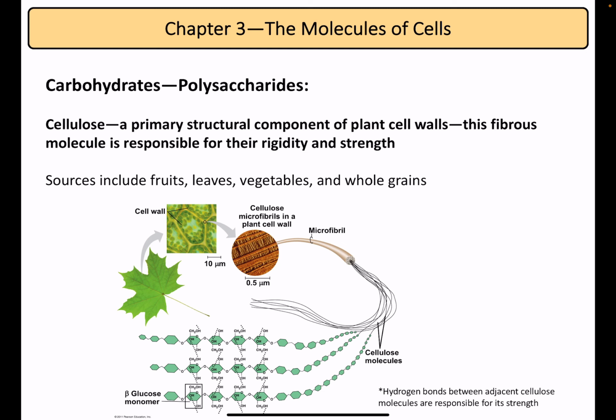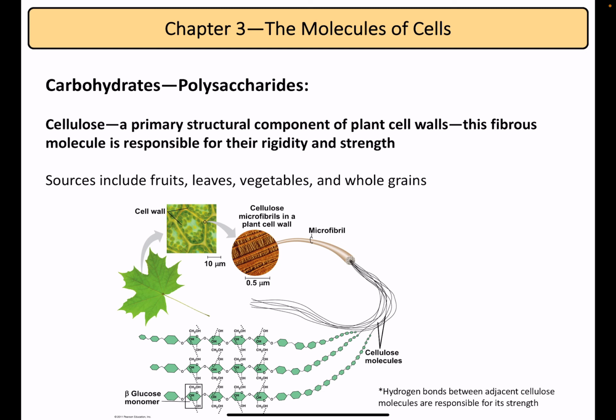But cellulose is made up of the other form of glucose, beta glucose. And because of that, it causes the adjacent glucose molecules in the chain to be really linear. It just lies really flat like a wire, like a fiber.